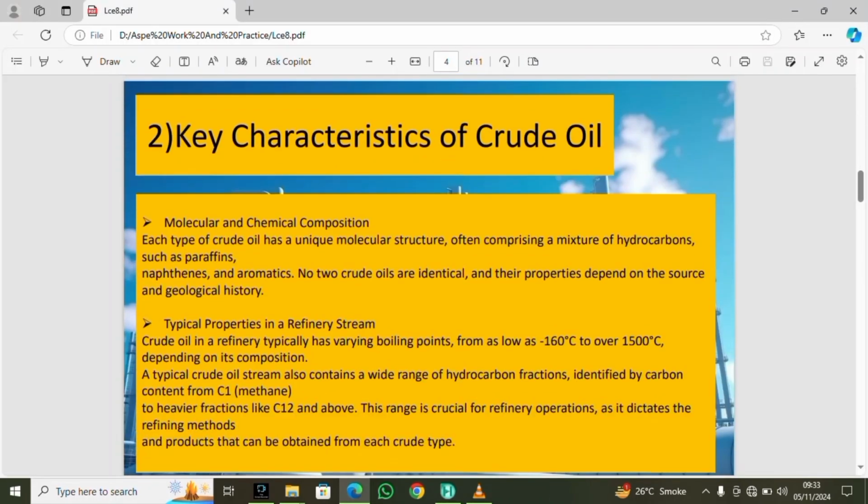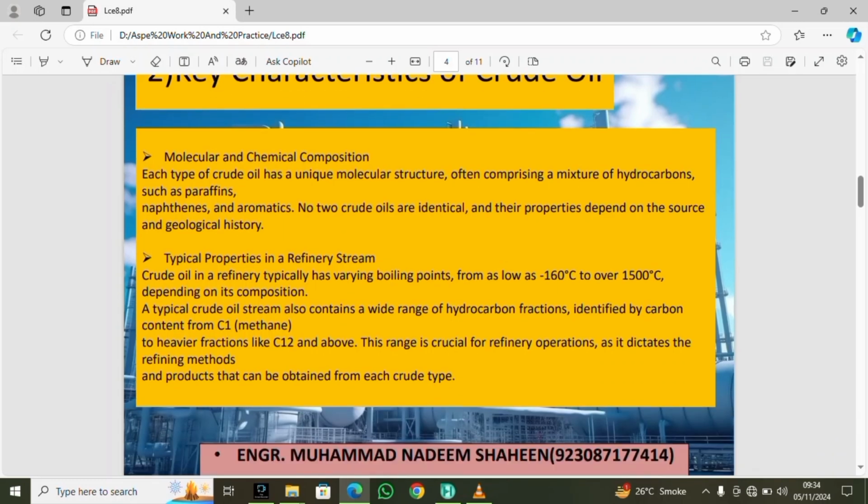Key characteristics of crude oil: molecular and chemical composition. Each type of crude oil has a unique molecular structure, often comprising a mixture of hydrocarbons like paraffins, naphthenes, and aromatics. No two crude oils are identical, and their properties depend on the source and geological history of the land.